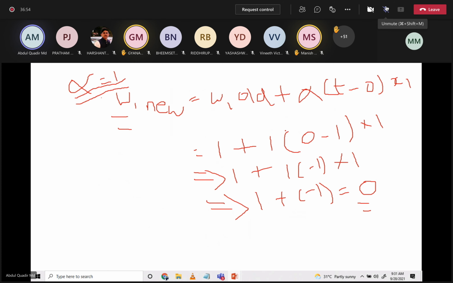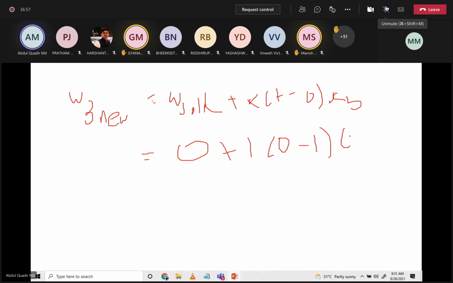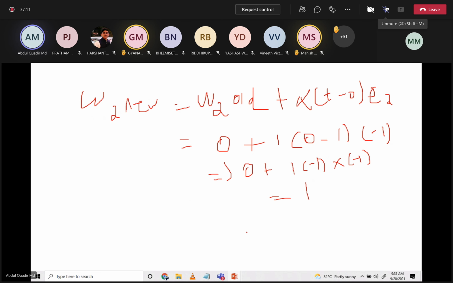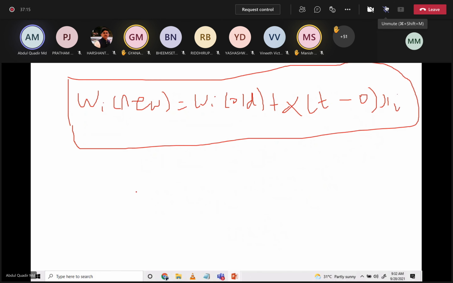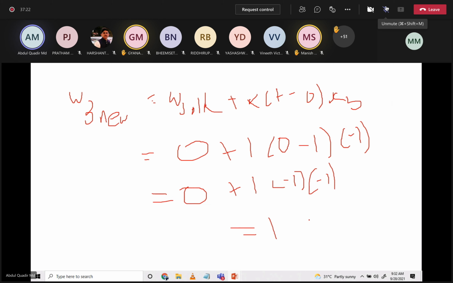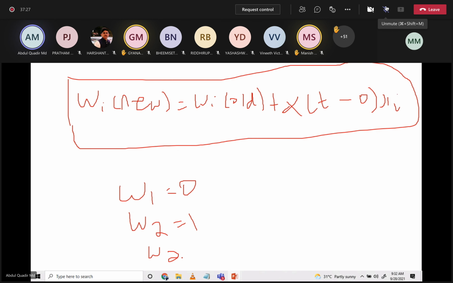Minus 1. So 0 plus 1 into minus 1 into minus 1, which is 1. So now we have updated W1, which is 0. W2 is 1. And W3 is 1.